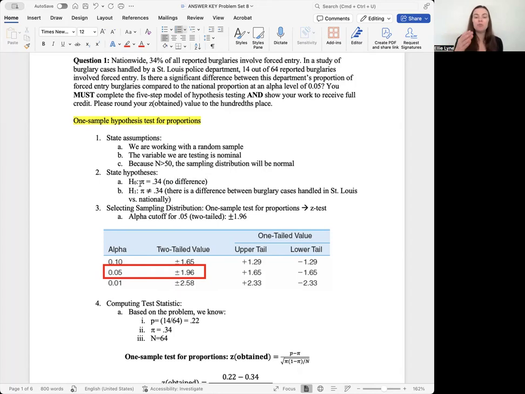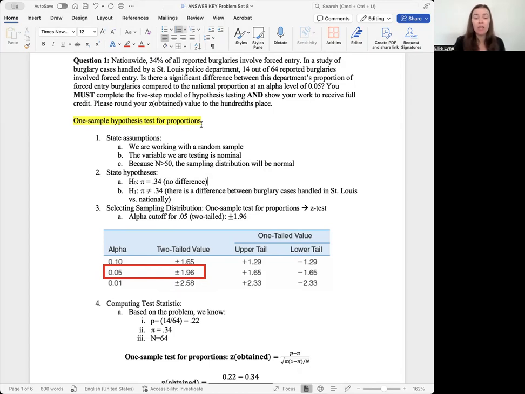The next decision point comes with whether or not we are conducting a test for proportions or for means. If you're having a little bit of trouble with that, go ahead and look back at slide number 9 from this week's PowerPoint. This tells you about the different sample statistics and population parameter symbols that we have to use in the context of hypothesis testing.